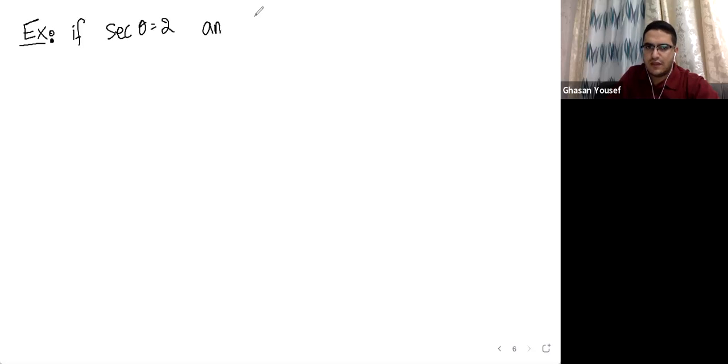So, my example now. I have another example, example number 2. The question is, if the secant of the angle equals the given value, and theta is in quadrant 4, like this.